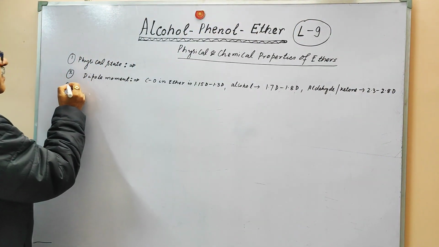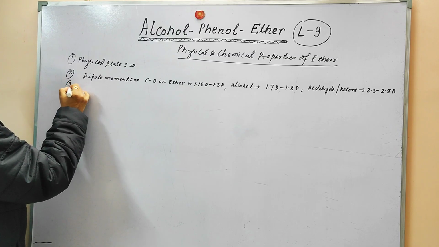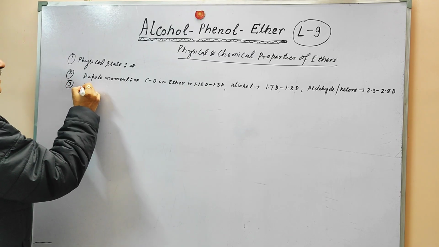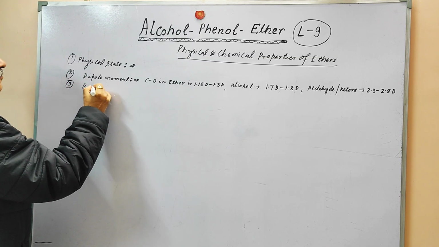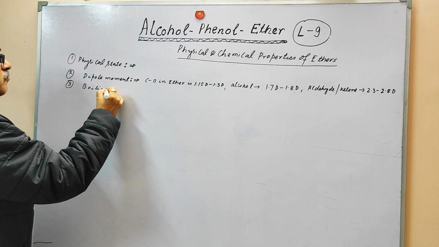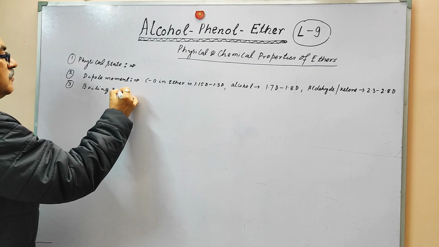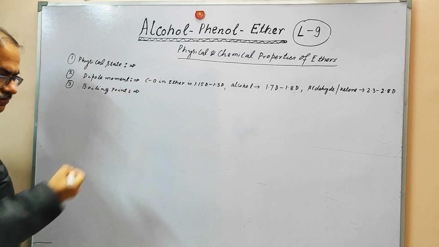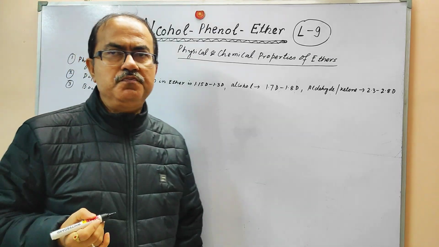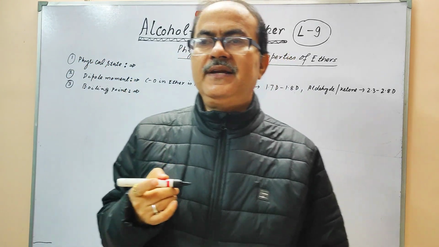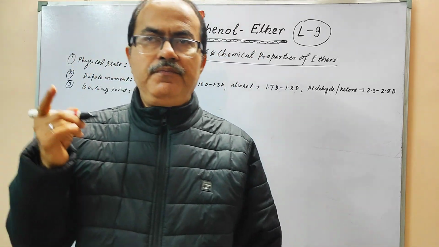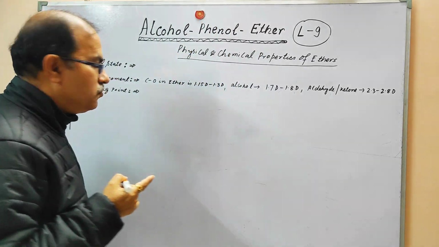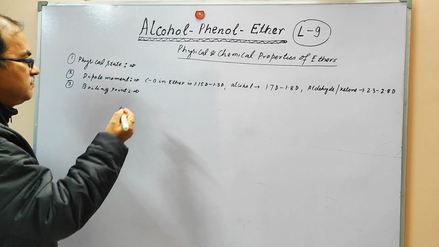Third thing, that is very important in regard to the physical properties, that is the boiling point. Boiling point is very low if we compare with alcohol, and that is due to the fact that ethers do not form hydrogen bonds with the molecules themselves.